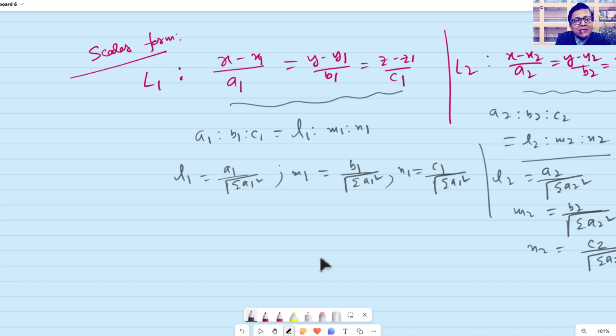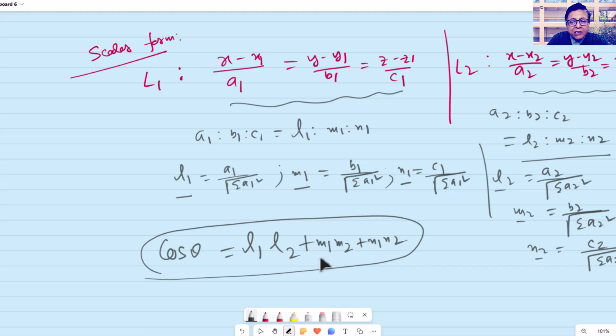So if you know the direction cosines of two lines as l1, m1, n1 and l2, m2, n2, then you know the angle. Cos theta, where theta is the angle between them, is l1 l2 plus m1 m2 plus n1 n2.